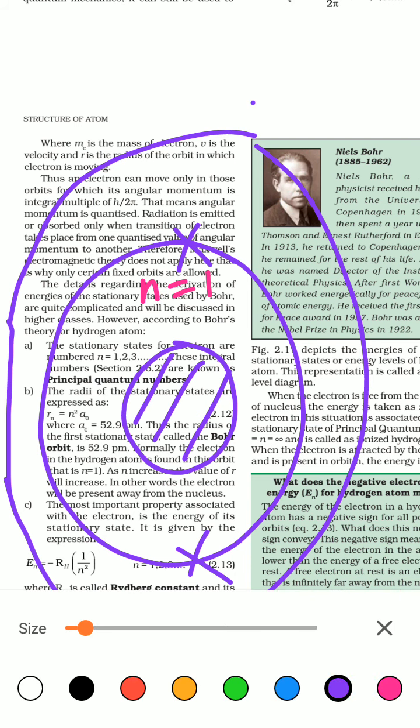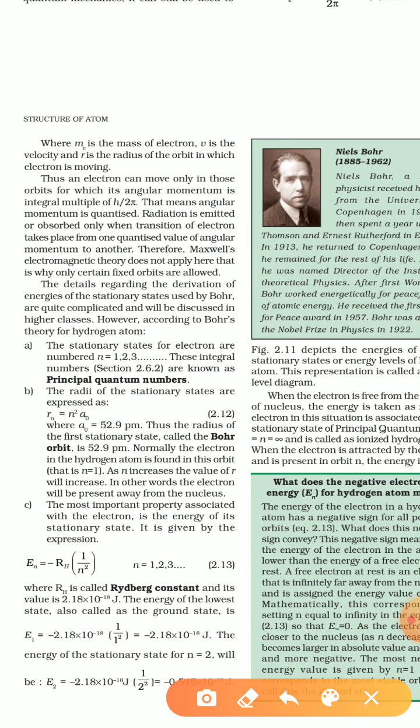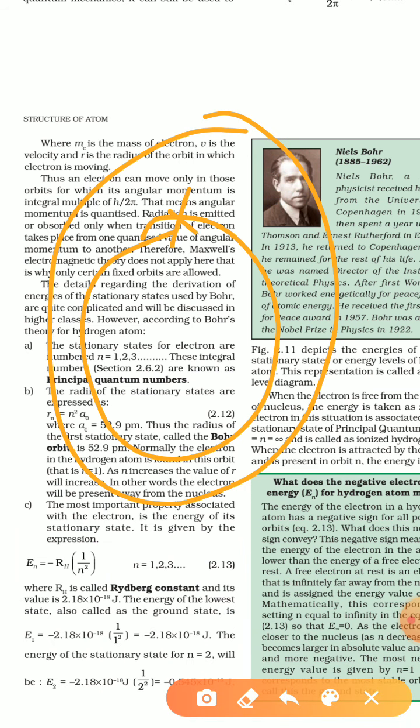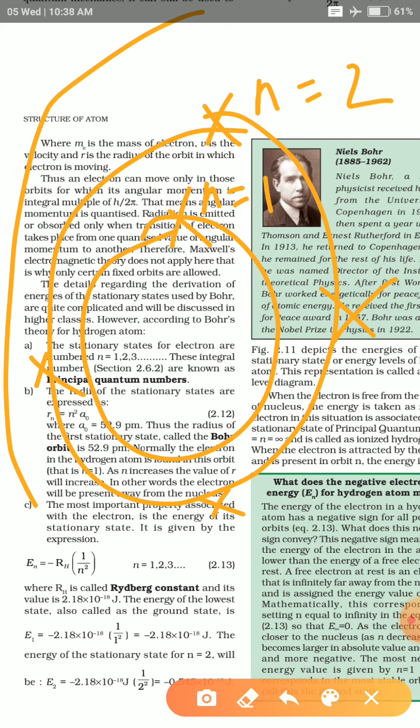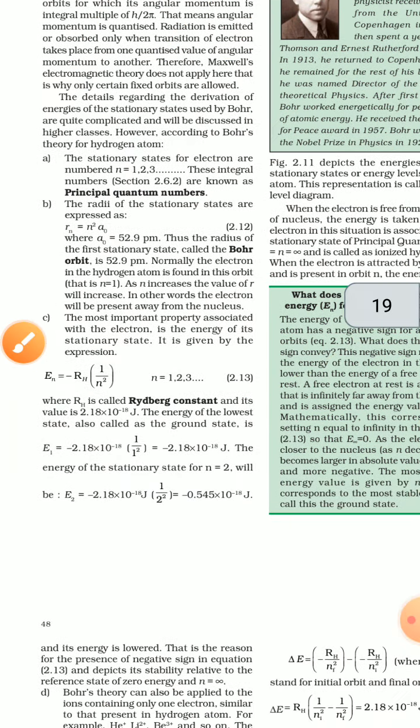If we have the second orbit, it will be n equals 2. Similarly it will go on, n equals 3, 4, 5. That constant is known as the principal quantum number.